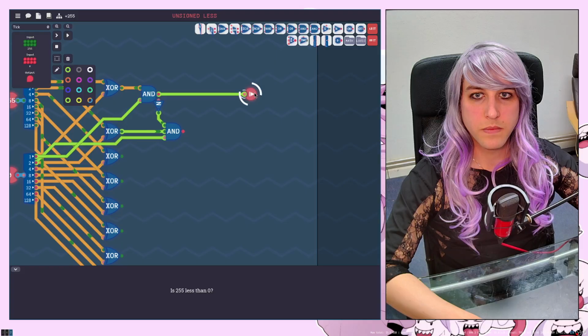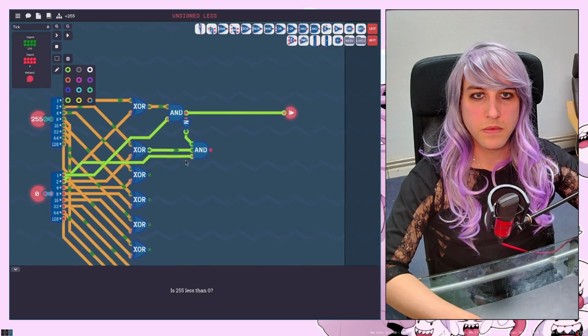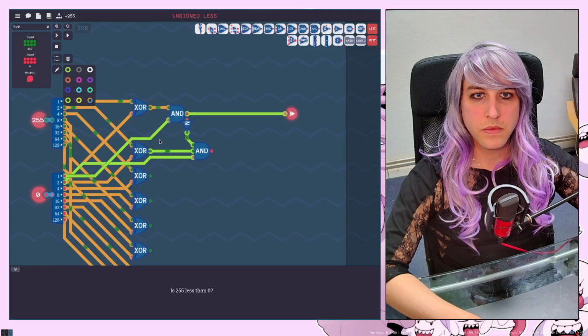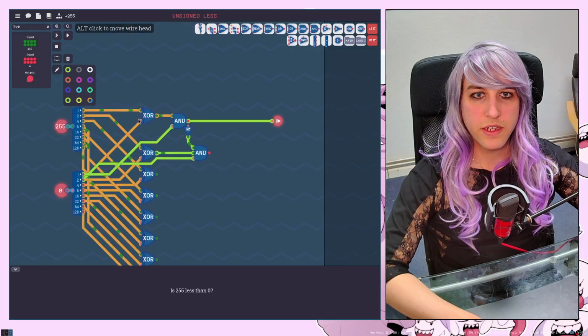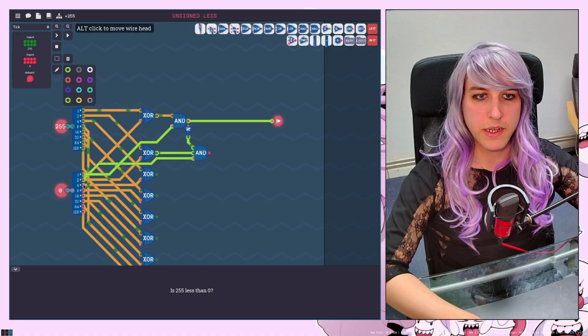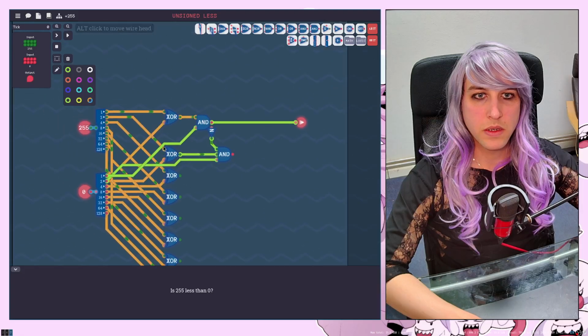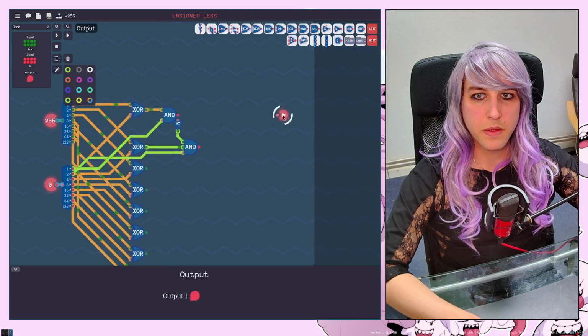Also, like if these two differ, right? And this one is green, that doesn't necessarily mean that this one is the higher number, because this becomes relevant the moment we add the third bit.